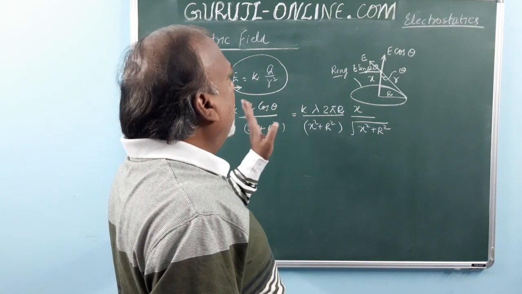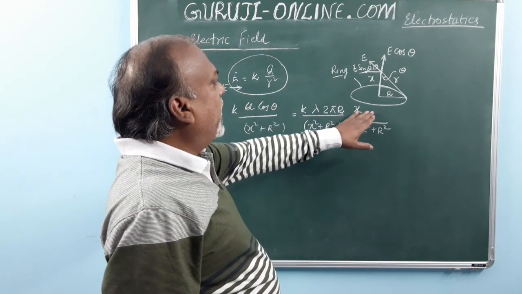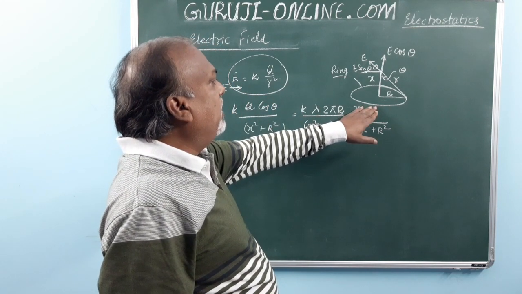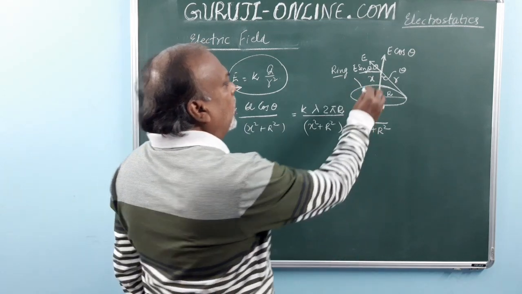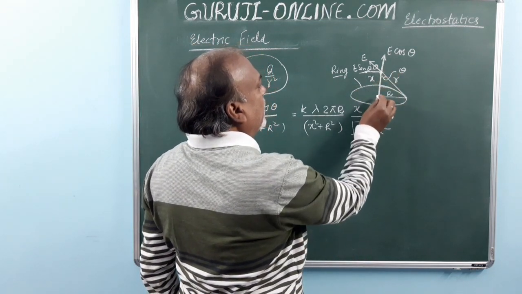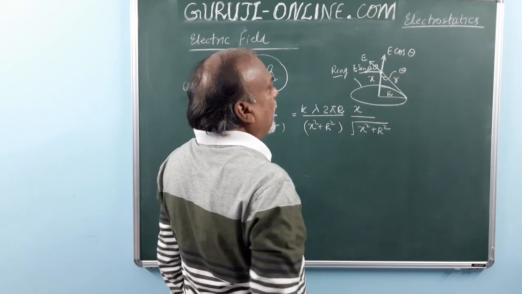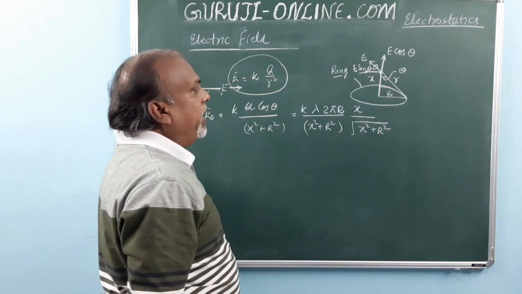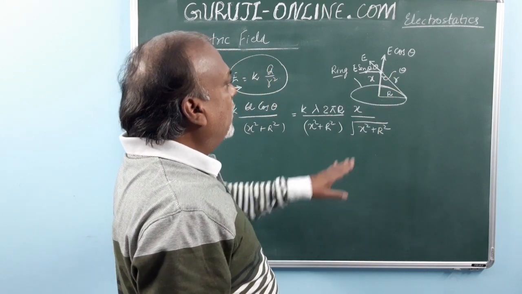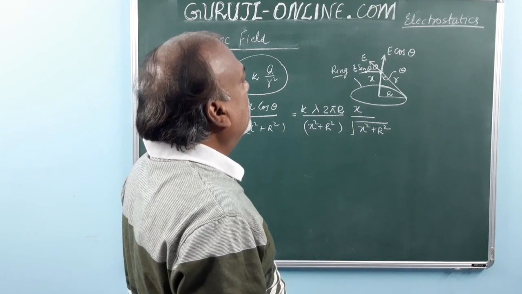Now, in the same way, we have to find the electric field due to a ring at point O, which is x distance above this ring, perpendicular to the plane of the ring.